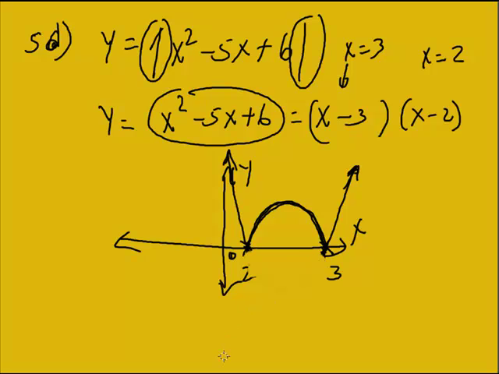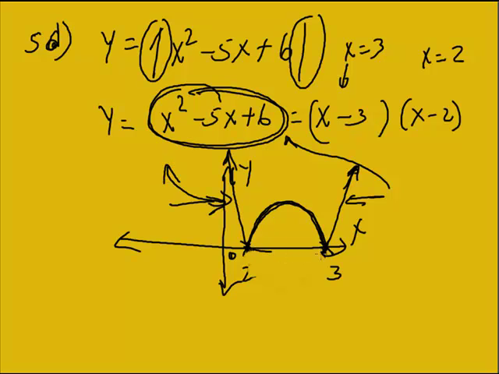Now how do I write this as a piecewise function? Well, remember, the left part of positive 2, that's this original parabola. That's just this right here. And then the right part of 3 is also the original parabola. It's that right there. The only part that changed is between 2 and 3. And what happened? It became opposite of what it was.